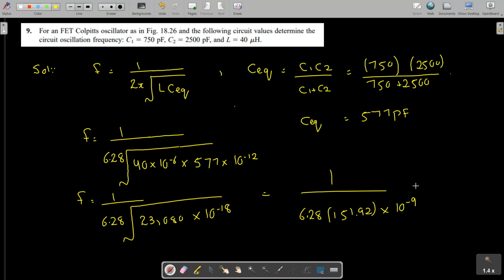Fine. So it means that if I shift this to the numerator side, we are going to get 10 raised to power 9 divided by 6.28 multiplied by 151.92. That comes out to be 954.06.